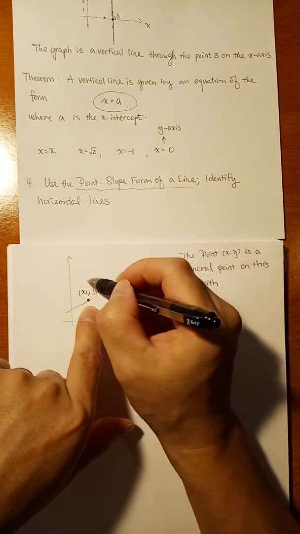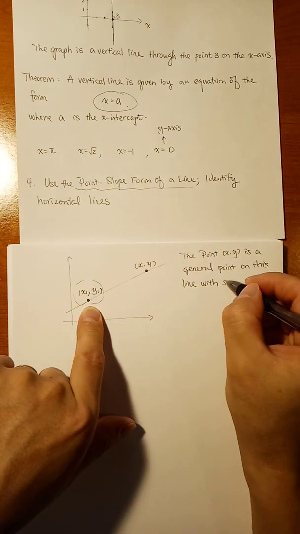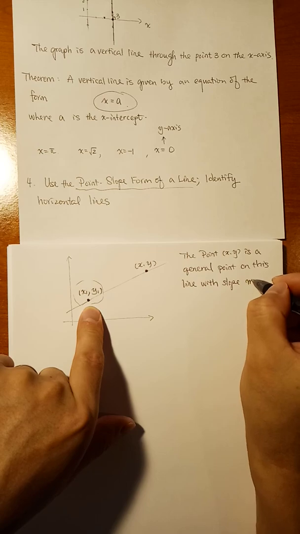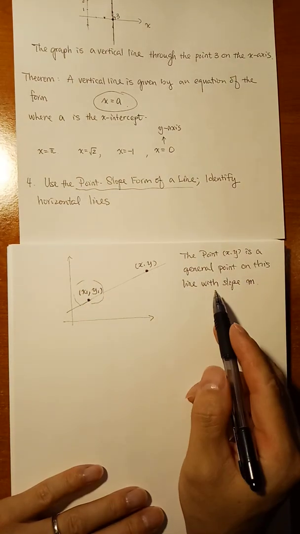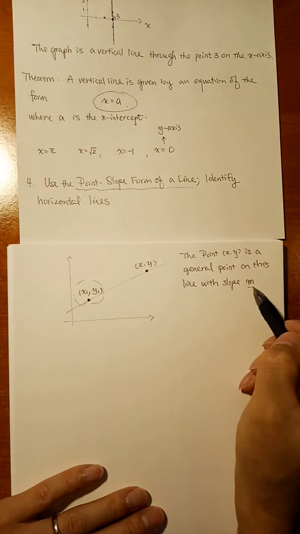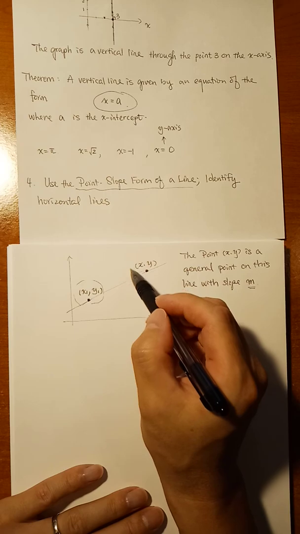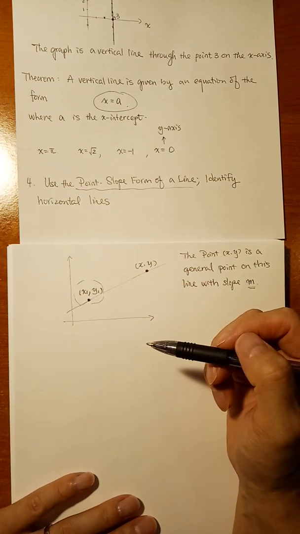Point slope means this is a point, and you need a slope, with slope m. So we know this given point and we know this slope, and we want to find the condition about x, y, the coordinate of the plane.